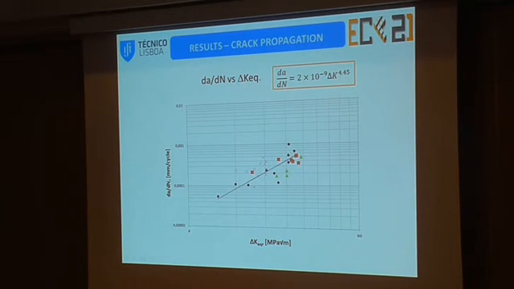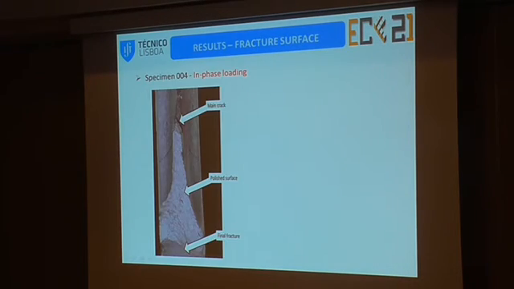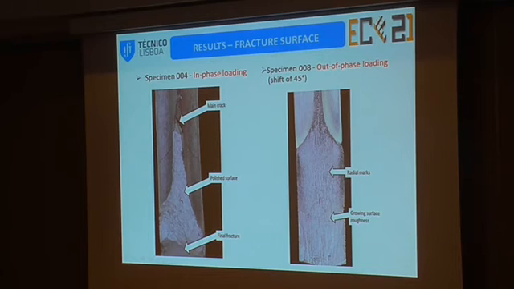Till now we have plotted here all the data that I have achieved, and we can see an average trend of all this data. I have here the values. Of course, this is ongoing work, so we have to obtain more data. We also take into account the fracture surface morphology of the specimens after the test.